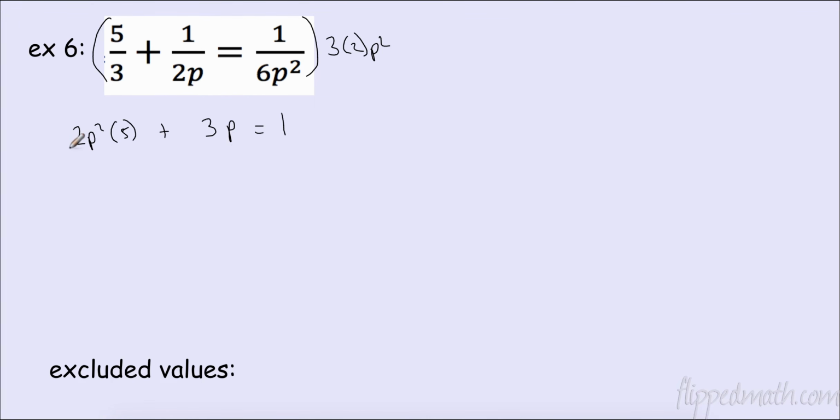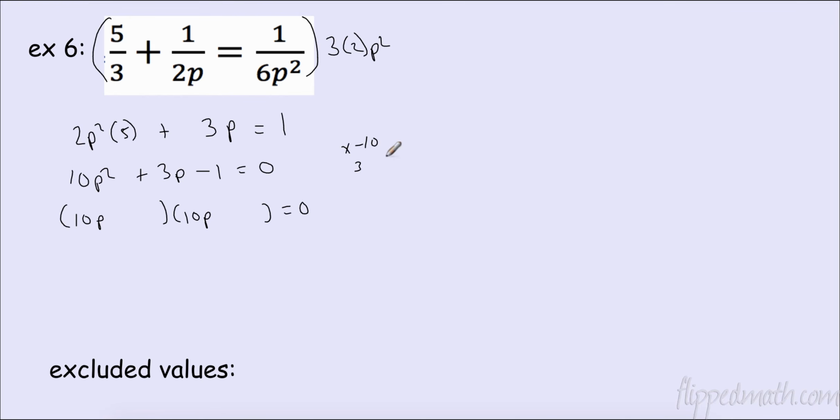So let's see, we have 2 times 5, 10p squared plus 3p. Oh, this is a quadratic, so let's bring this over here. Minus 1 equals 0. We need two numbers that multiply to negative 10 and add to 3. All right, let's put 10p at the beginning, because we know it's going to start that way, even though we know that's wrong.